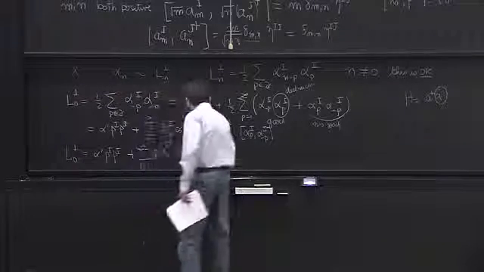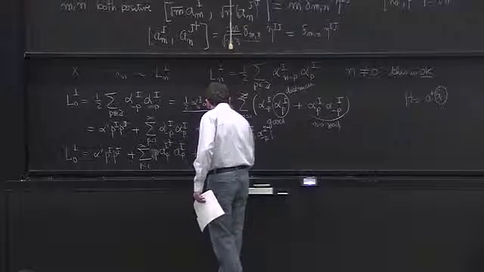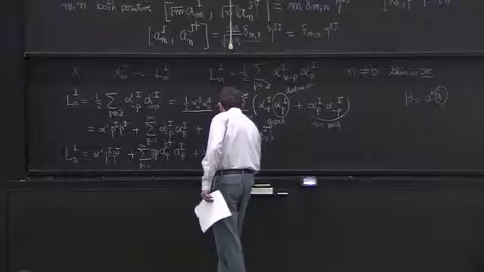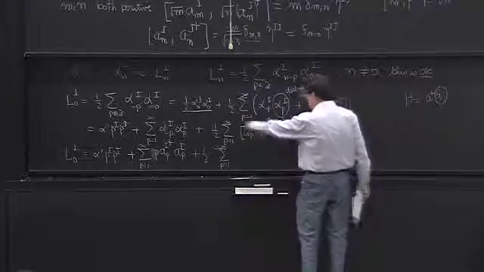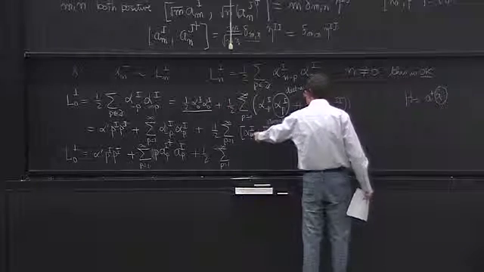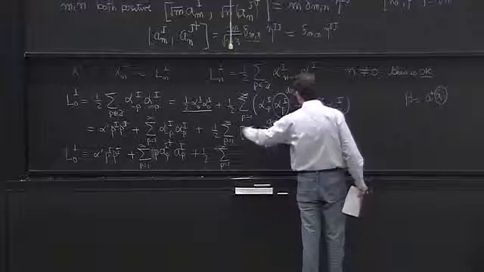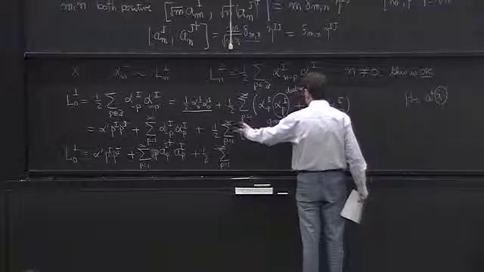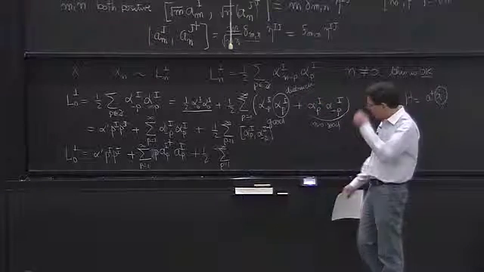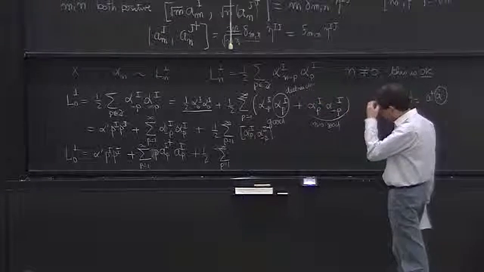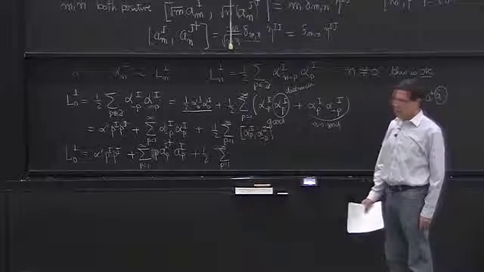And here I get plus 1/2 sum over p, 1 to infinity, alpha p alpha minus p. That commutator is equal to p, because they add up to 0, is p times eta I. But eta I, or delta I, is a sum, and it's the number of transverse dimensions.